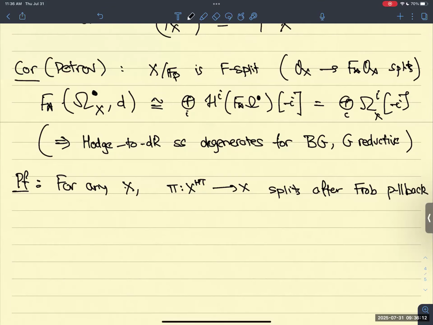So pullback along the Frobenius on x splits the torsor, and this is just because of how it was defined. It came from some deformation theory. And if you know something about how square zero extensions work, then you know that Frobenius tends to kill square zero ideals. And so this is always true, and therefore, if x is F-split, then you get the conclusion you want by cohomology and base change.